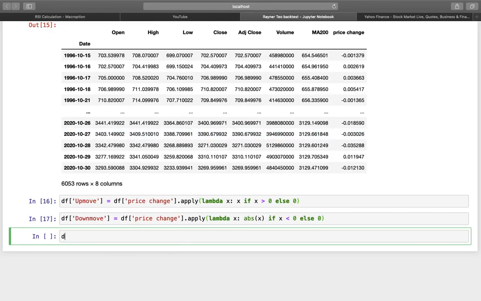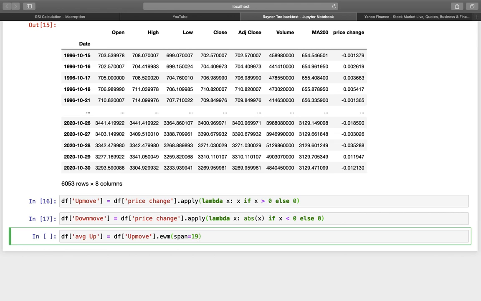Let's define the average up. We define that as taking our up move, and we are using EWM for the exponential moving average, and define, as explained, the span as 19 to get the 10 period Wilder's smoothing method here.